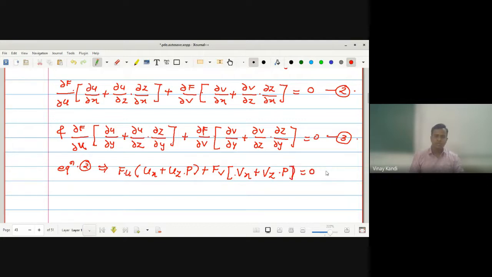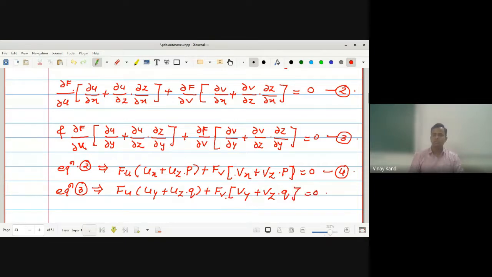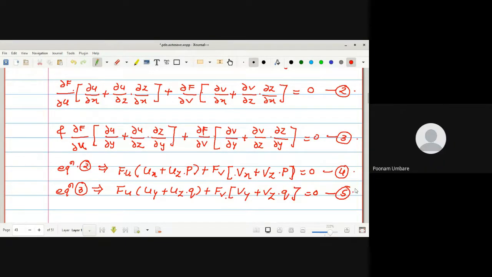Give it as equation number 4. And equation 3 implies fu into uy plus uz into q, plus fv into vy plus vz into q, equal to 0. Any doubt up to here?